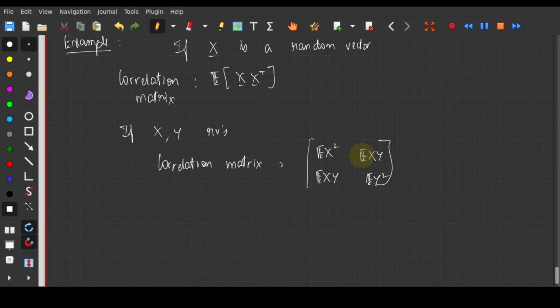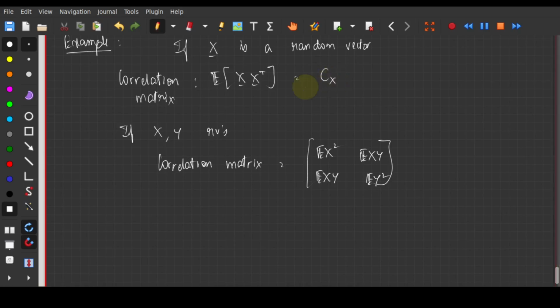Just go by the definition. What is the definition of the correlation matrix? It's expectation x x transpose. Let me call this Cx.